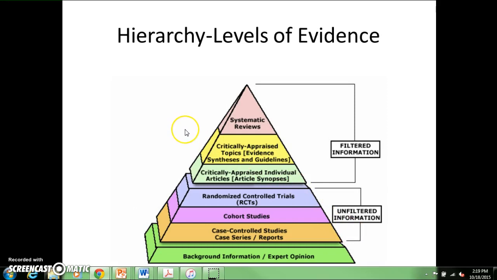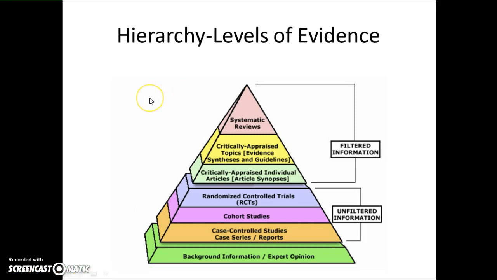So as we approach the pyramid, one thing that we can see is that the pyramid is divided into different levels, right? And each ascending level represents a different type of study design. And as we move up the pyramid, what we would say is that this corresponds to the increasing rigor, quality, and reliability of the evidence.